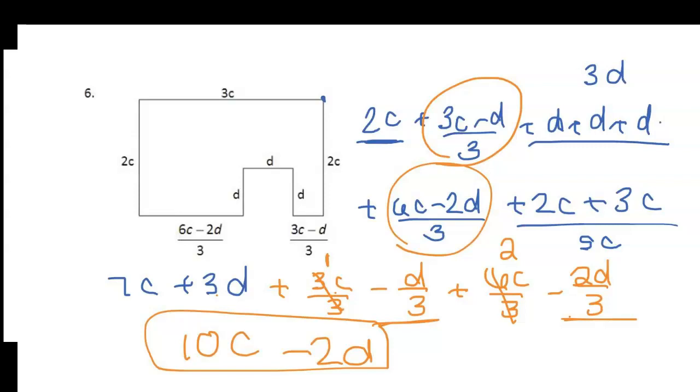And then you need to clean up your fractions. So if you have a coefficient on the bottom, that can go underneath each top piece. So I can really see that as 3c over 3 minus d over 3 plus 6c over 3 minus 2d over 3.